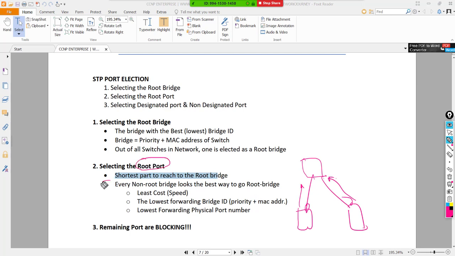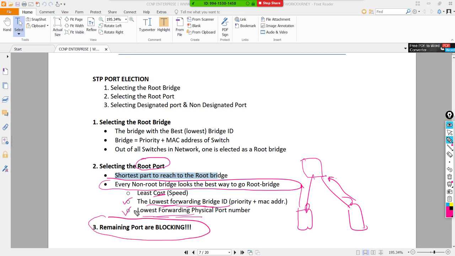The next criteria is to find the non-root bridge. First thing you will see is cost. Then you will see the lowest forwarding bridge ID. If that is a tie, then you will go with forwarding physical port number. I have given you an example of this, and then you have the blocking port with you. These are something which they can ask you during interview.